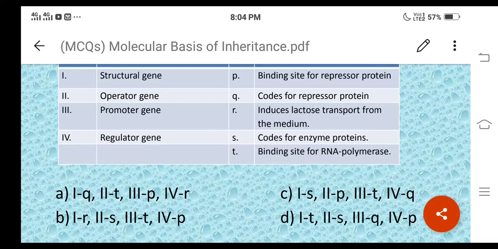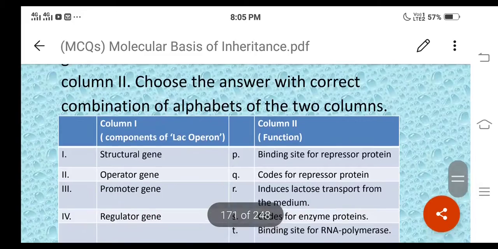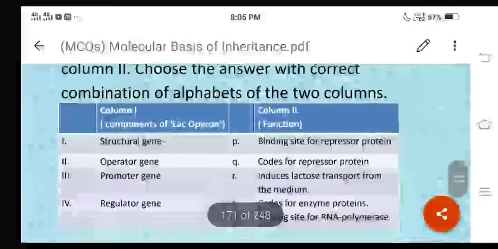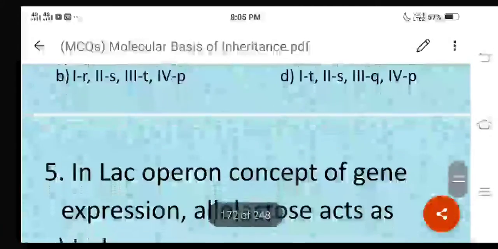Then 3T, promoter gene, which is the binding site for RNA polymerase. Then the fourth one, regulator gene, will match with Q: regulator gene codes for repressor protein. So for this question number 4, option C is the right answer.